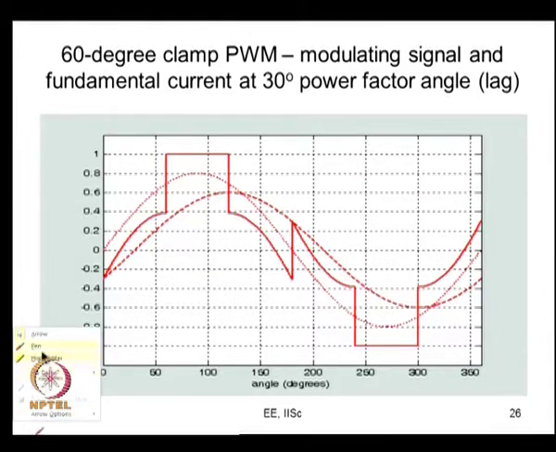So, if I were to draw the energy loss here, so this might be 0 here, this would be 0, this is the current waveform, it follows here and it goes higher.